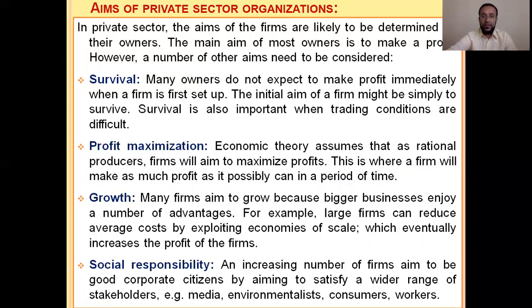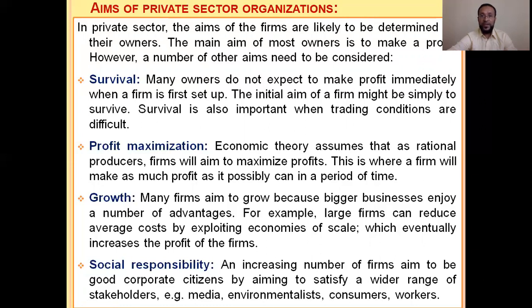For example, large firms can reduce average cost by exploiting economies of scale, which eventually increases the profit of the firms. The last aim of the private sector organizations is social responsibility. An increasing number of firms aim to be good corporate citizens by aiming to satisfy a wider range of stakeholders.